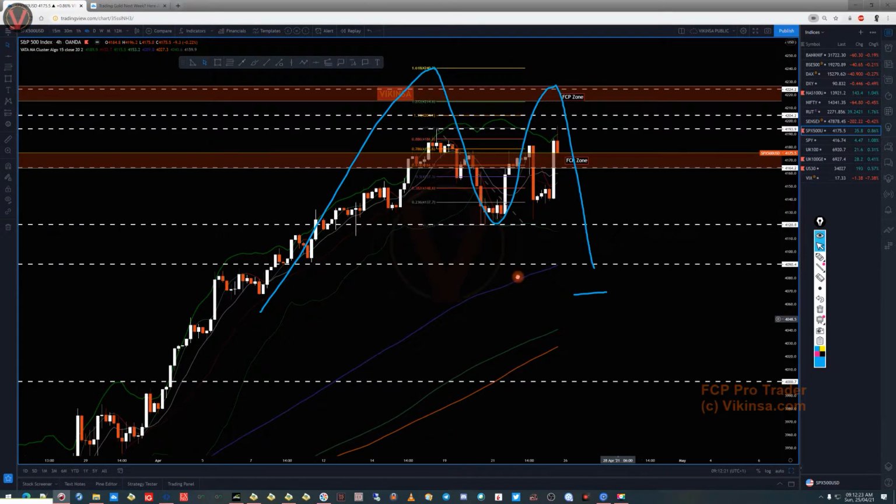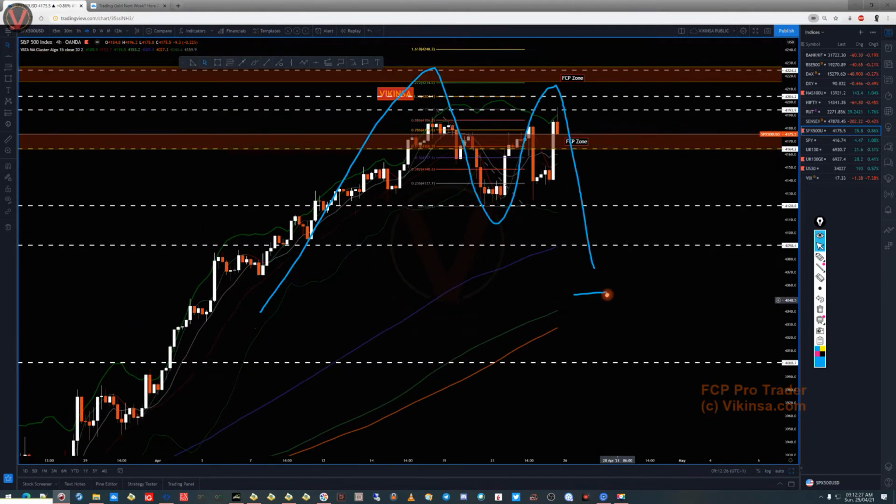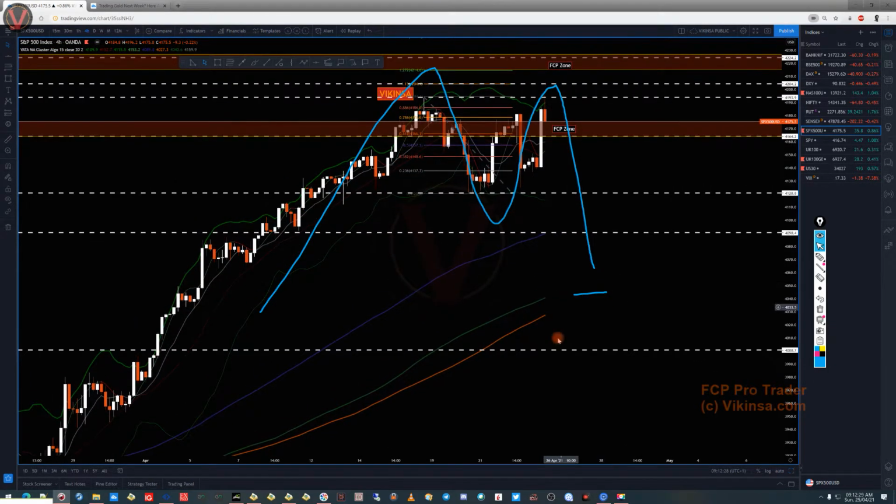And an extended version of that M pattern can be around the 4,000 level here. So something like this, the market can draw another M pattern like this, and that can lead us into 4,000. So we'll have to see how these levels work out, and then based on that we will be able to take long and short positions.